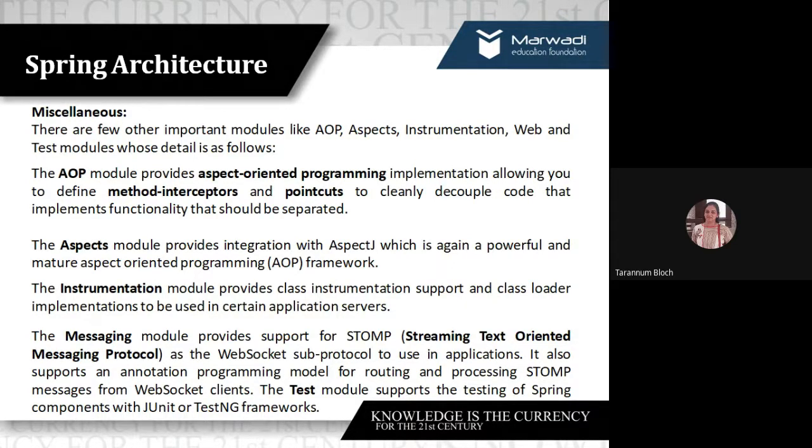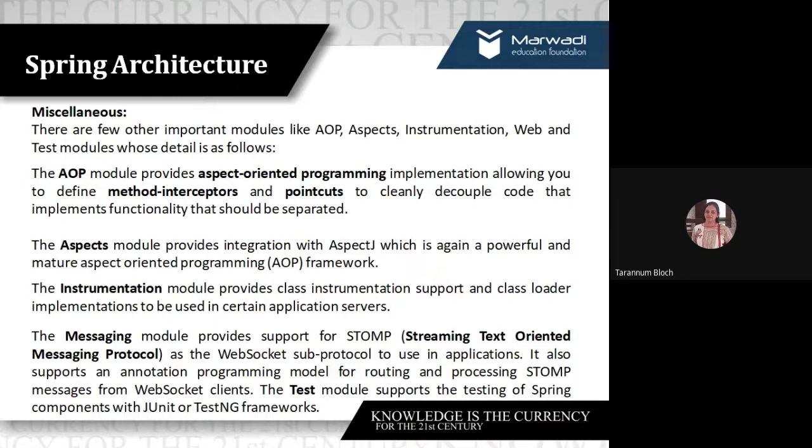So we have the aspects module along with aspect oriented programming, which allows you to have the integration with AspectJ. AspectJ is again a way of how you will design, because when you say C, you are saying it is procedure oriented programming. When you say C++ and Java, you are saying it is object oriented programming.